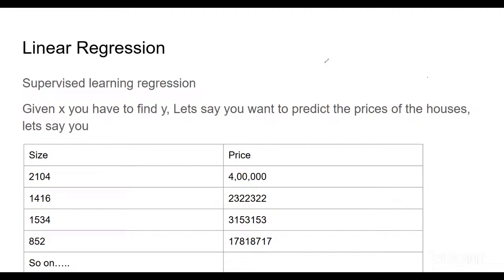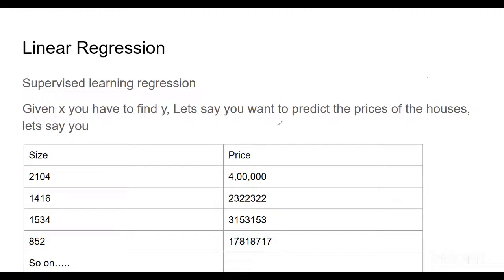So suppose x is given, and you have to find y. Let's say that size is x and prices are y. These are sizes in square feet, for example 2104; these are just random numbers that I have taken.